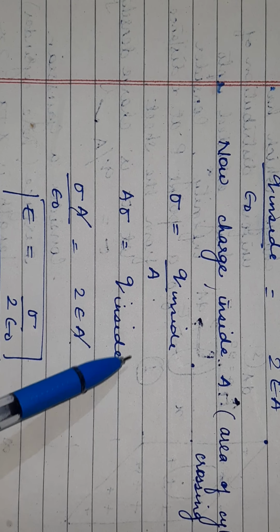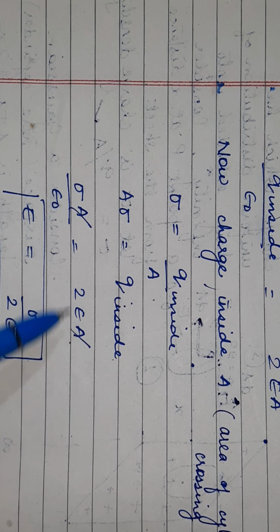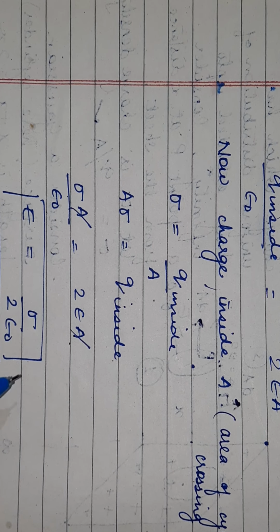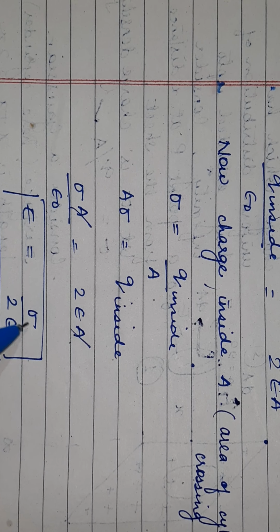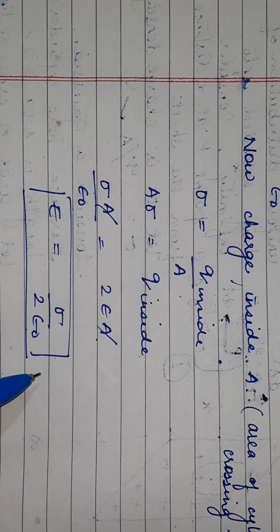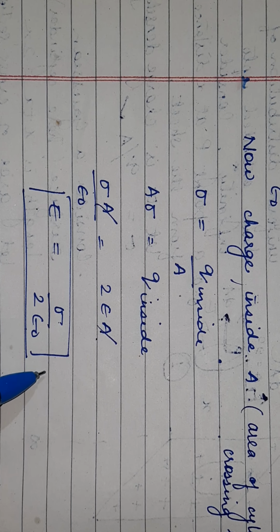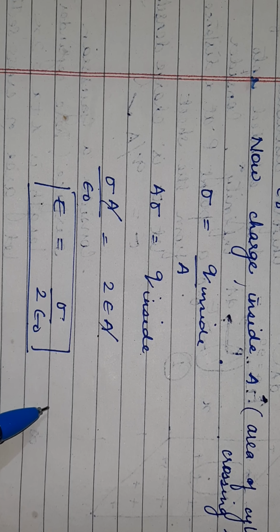We are substituting the values here. A will be cancelled by A, and sigma upon epsilon naught will be equal to 2E, or we can write E is equal to sigma upon 2 epsilon naught. So this is the electric field for a uniformly charged plane sheet.